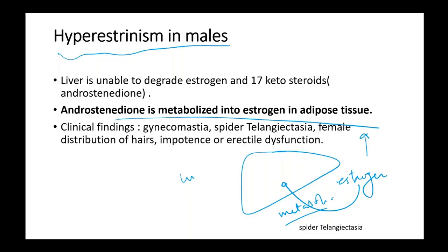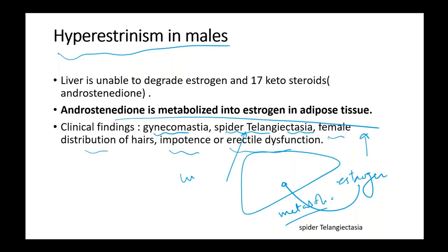When estrogen is high, these patients can have clinical findings like gynecomastia and telangiectasia. The small capillary vessels will be dilated, and that's why you can see dilated vessels on the hand, arm or belly. Female distribution of hair can happen. These patients can have impotence or erectile dysfunction.